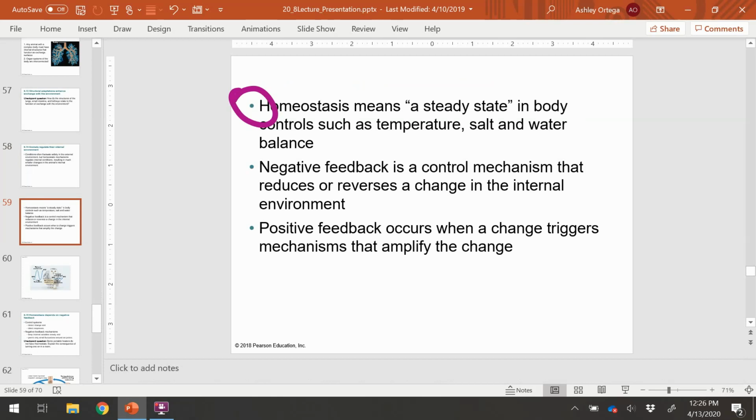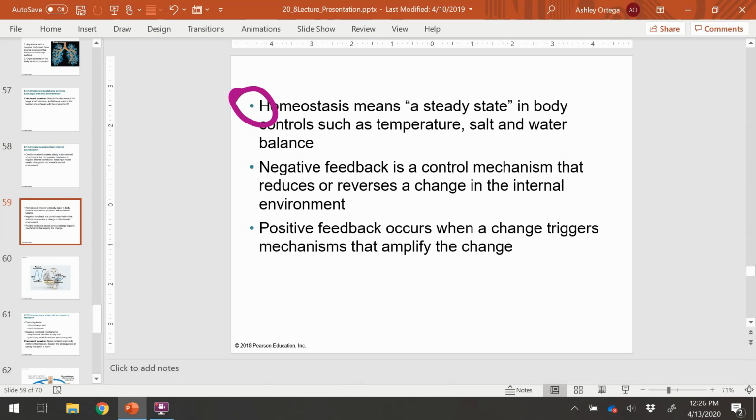Homeostasis translates to steady state, in which the body controls things like temperature, salt balance, and water balance. We'll see other examples like pH balance. To maintain a steady state, they must have a way to return the body to that normal condition when it fluctuates out of the normal range.